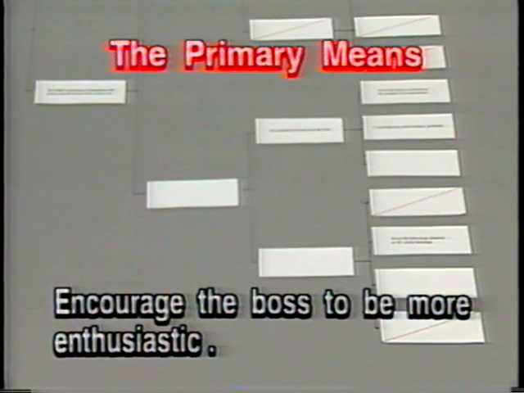Before that, let's just have a little practice with the tree diagram. Here is one section of the diagram. The primary means here is encourage the boss to be more enthusiastic. Now, please use the following.